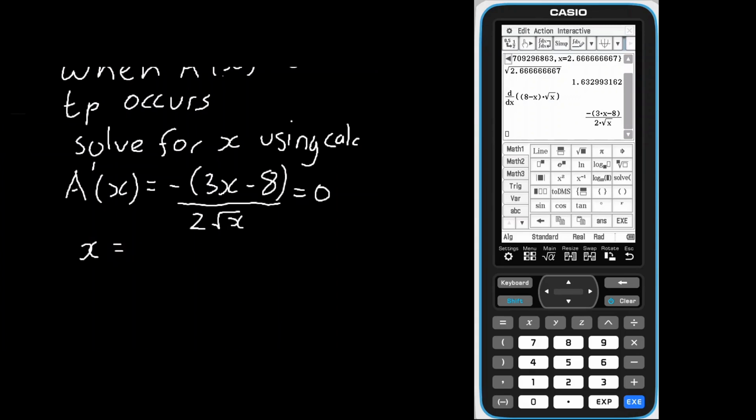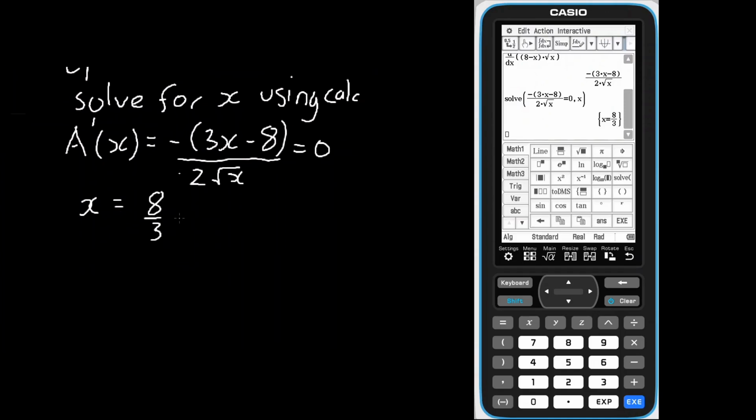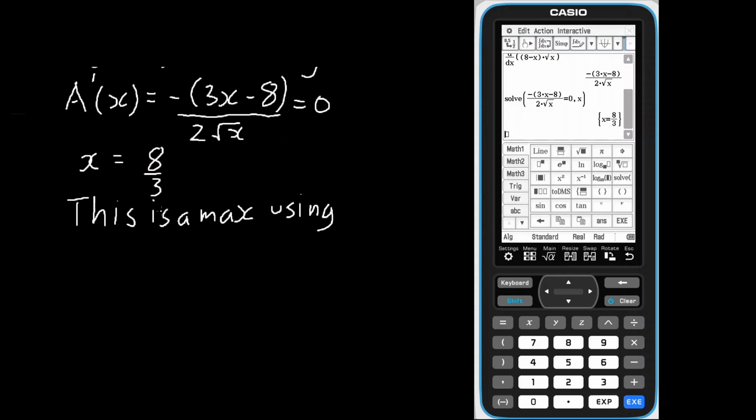X equals, right, grab all of this, put it down here, equals 0. Go interactive, advanced, solve. X is equal to 8 divided by 3. And then you can check it's a maximum using the calculator, by graphing, or using the second derivative test, but I don't think we need to do that because we've got a calculator here.